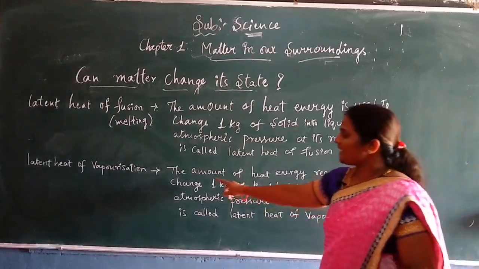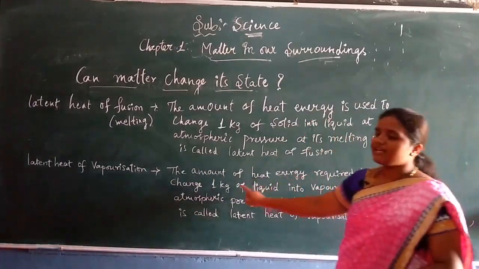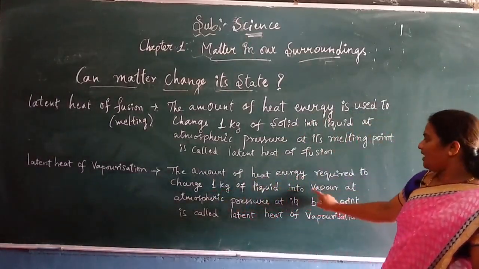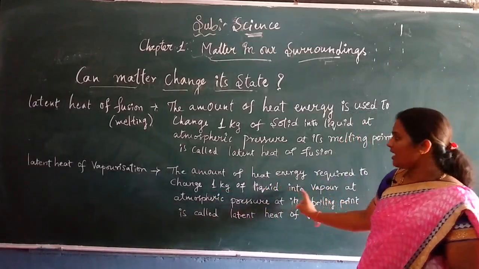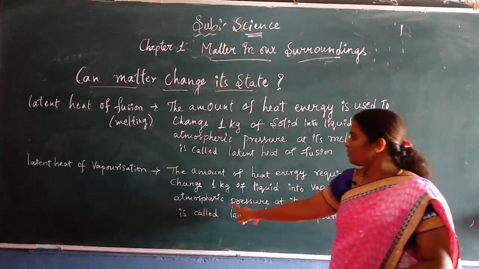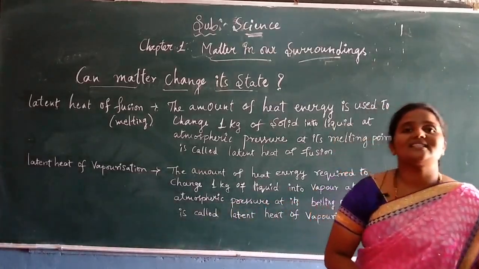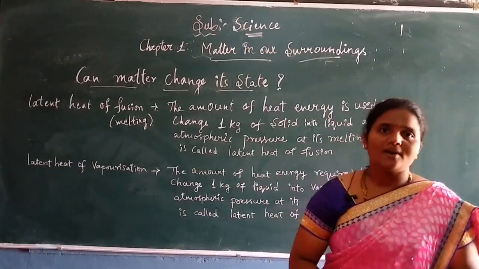Once again I'll repeat: the amount of heat energy required to change 1 kg of liquid into its vapor at atmospheric pressure at its boiling point is known as latent heat of vaporization.